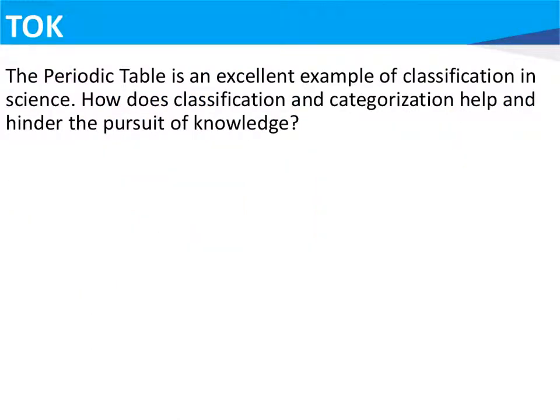As a TOK link, the periodic table is an excellent example of classification in science. I think excellent is almost just too simple of a word. It's more than that. How does classification and categorization help and hinder the pursuit of knowledge? This is interesting. How could classification hinder the pursuit of knowledge? Think about that one.